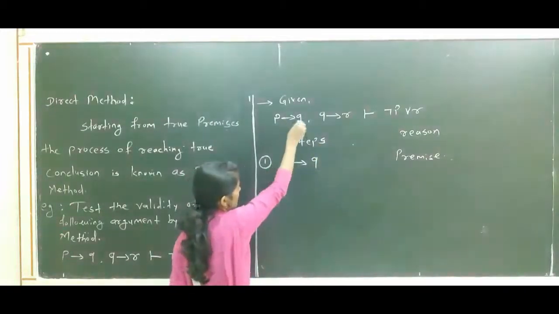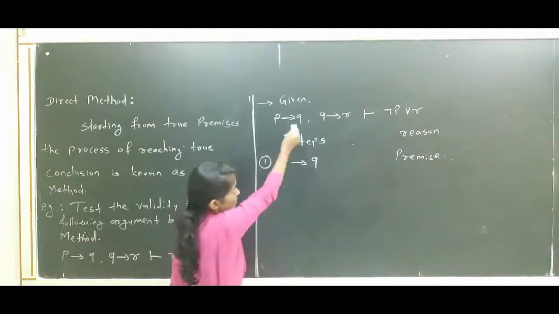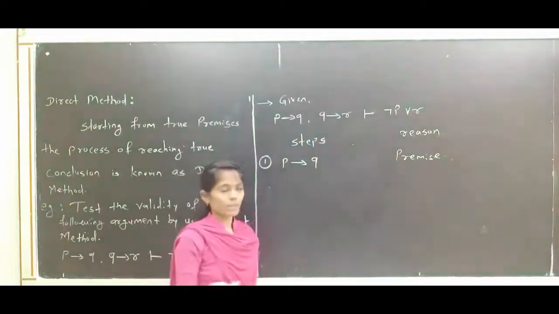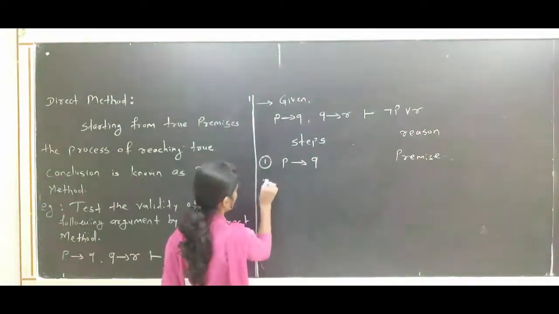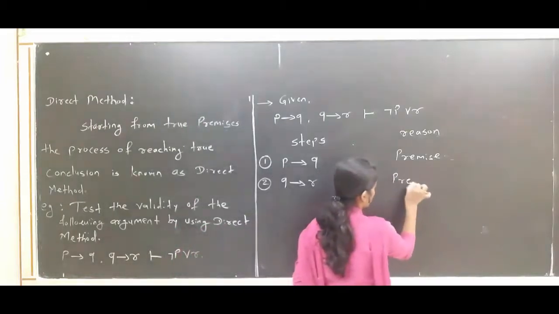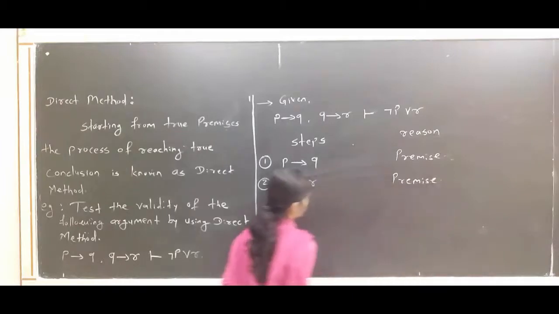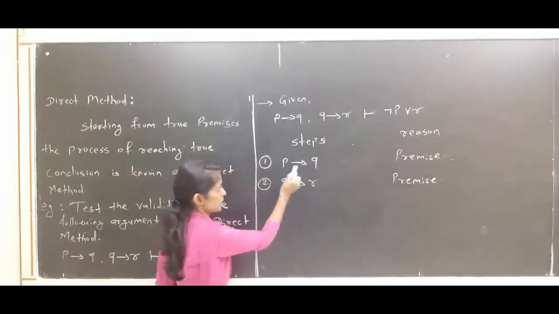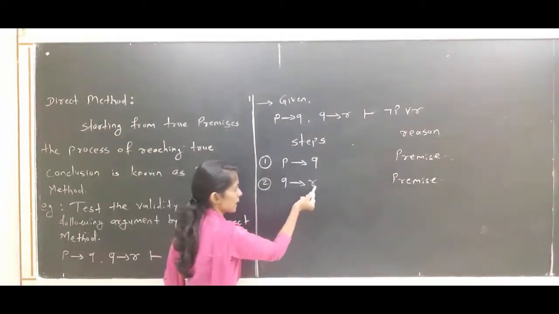But if we apply any rule here, then we can't get this conclusion. So, that's why we take the second proposition Q implies R. Write down reason, premise.